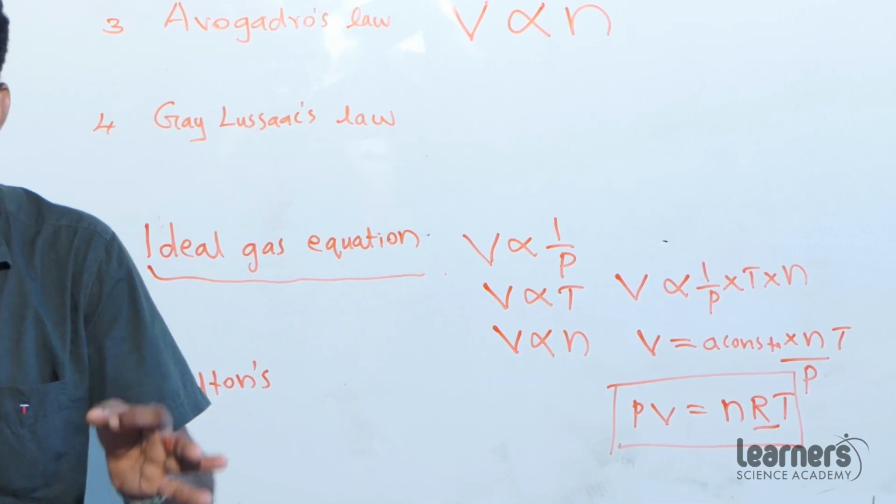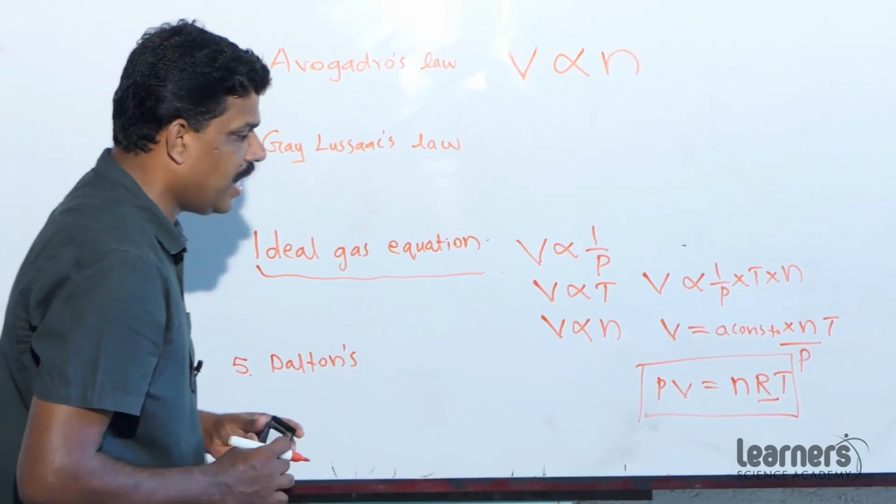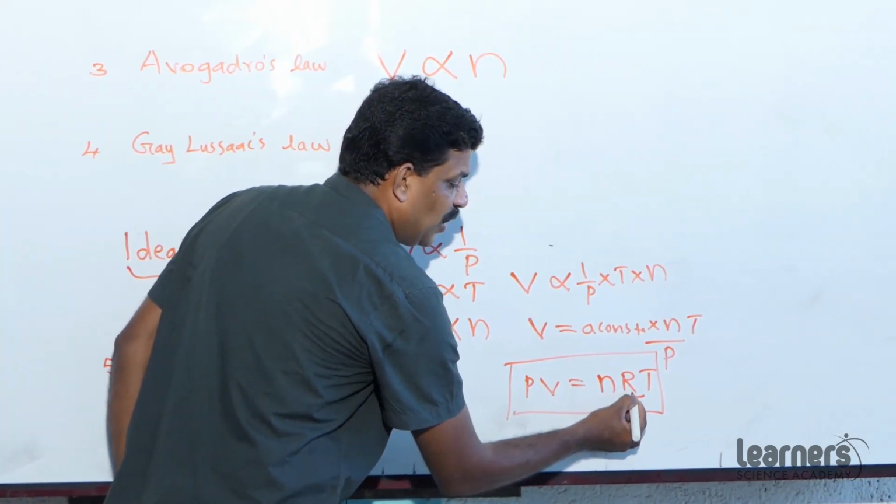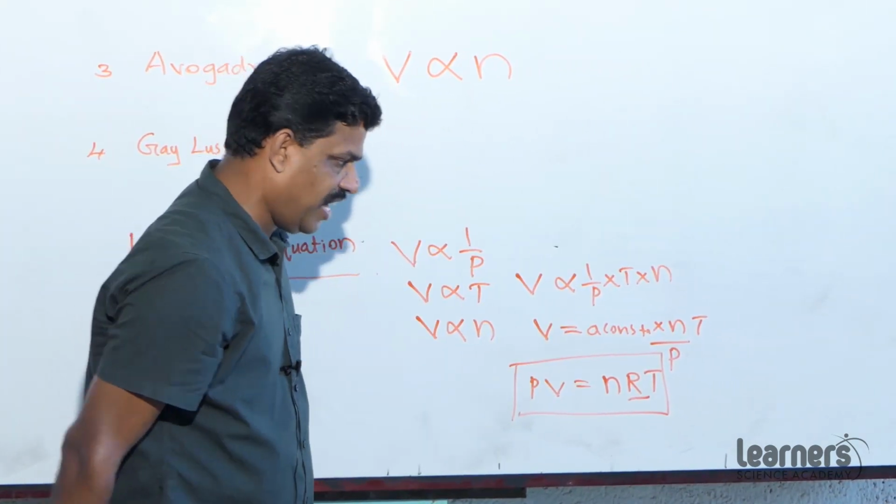PV is equal to nRT. Here R is known as the universal gas constant.